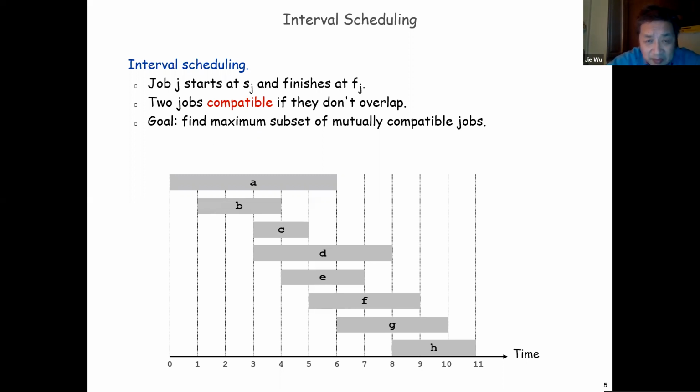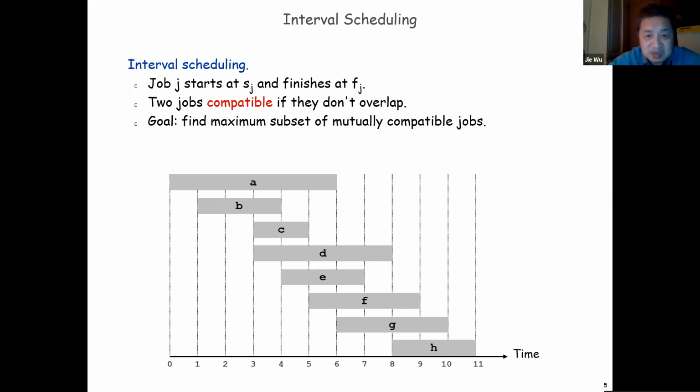The problem is that sometimes you cannot do multitasking. So you assume that each task you can do only one at a time. If there is an overlap, then you cannot accomplish anything. So you are given a bunch of tasks or jobs, each with a start time and finish time.